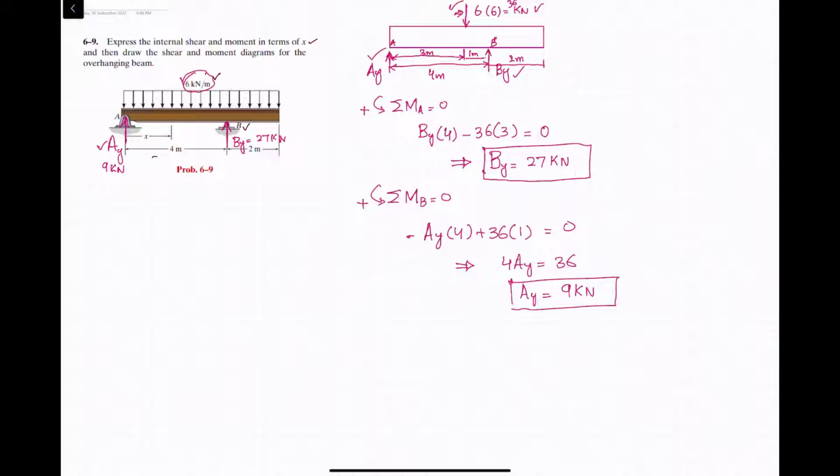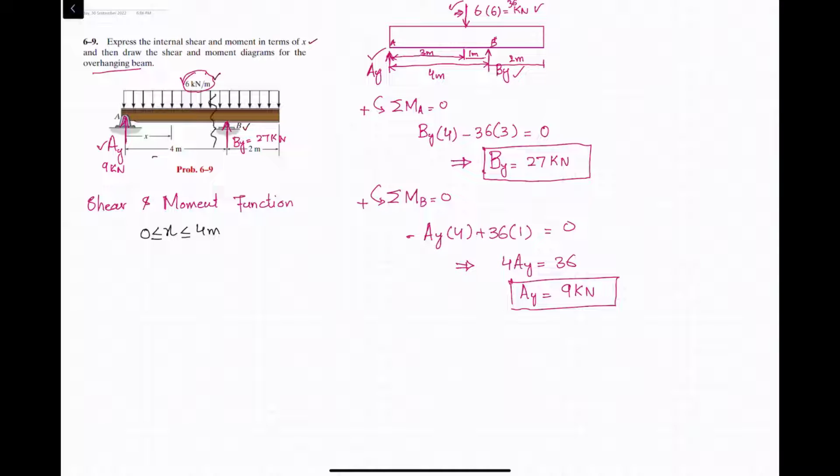We will move toward the other part, draw the shear and moment diagram for the overhanging beam. For the shear and moment diagram, we need shear and moment functions at various lengths of the beam. Clear? So first we will cut the beam for x greater than or equal to 0 and less than or equal to 4 meter.